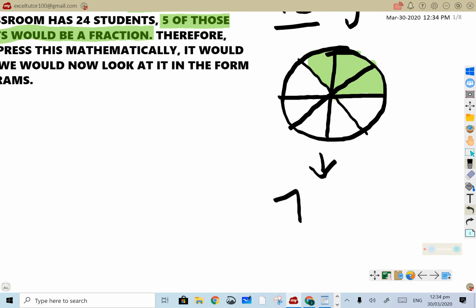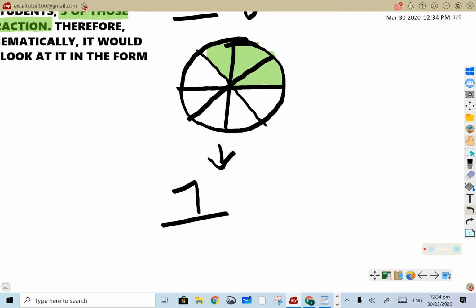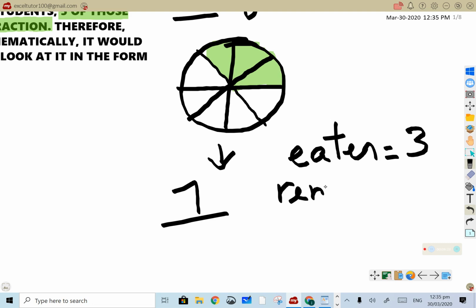However, the part that is eaten is 3, and the part that remains will be 5.